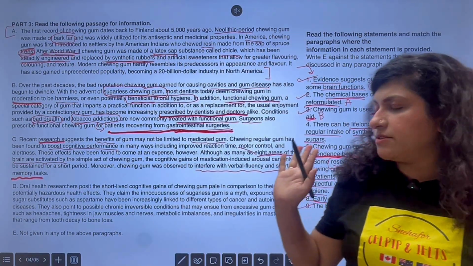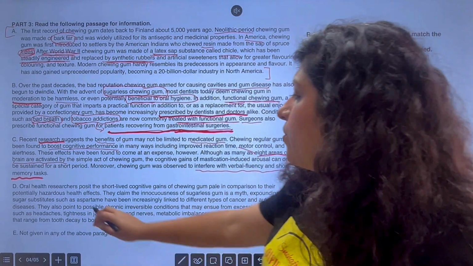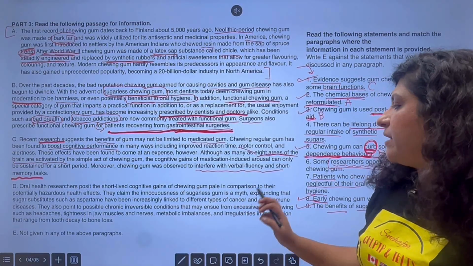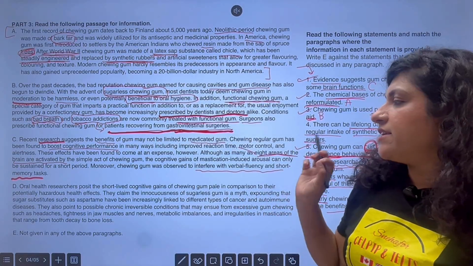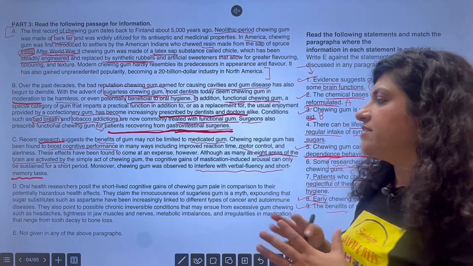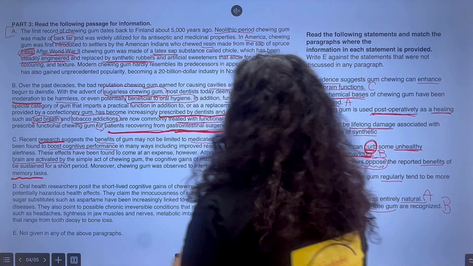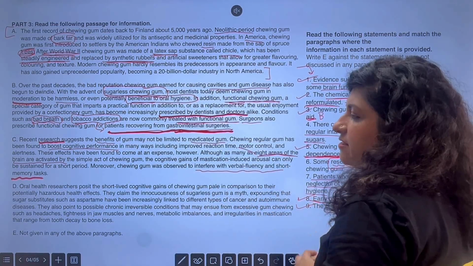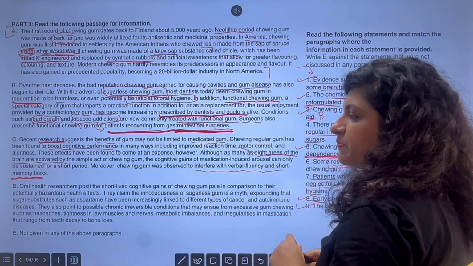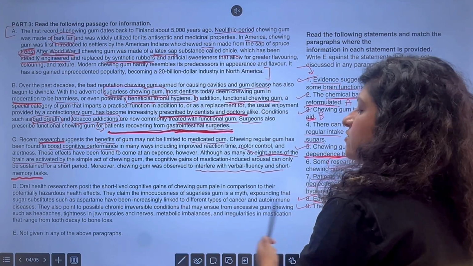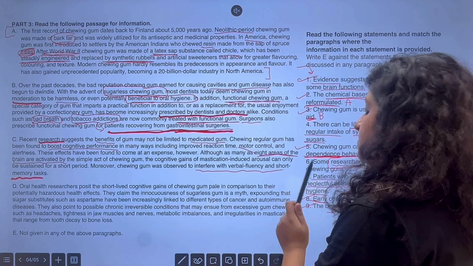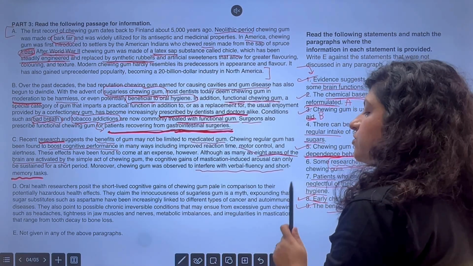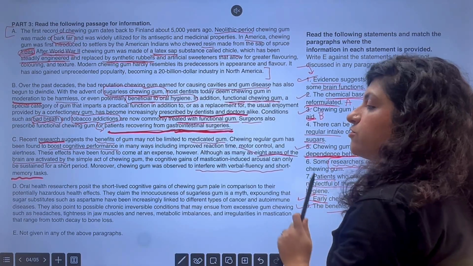Now we are left with para D. Para D says, oral health researchers posit the short-lived cognitive gains of chewing gum pale in comparison to their potentially hazardous health effects. Now, scientists are measuring benefits and hazardous health effects of chewing gum. They claim the innocuousness of sugarless gum is a myth, expounding that sugar substitutes such as aspartame have been increasingly linked to different types of cancer and autoimmune diseases.